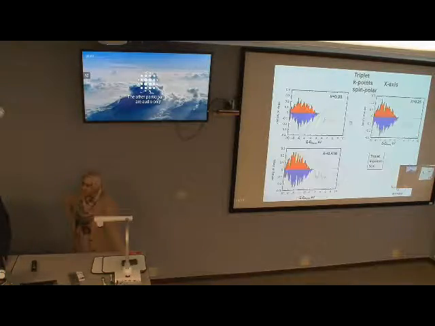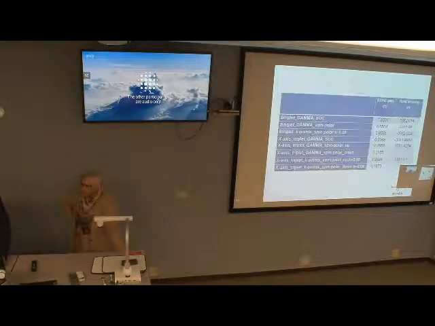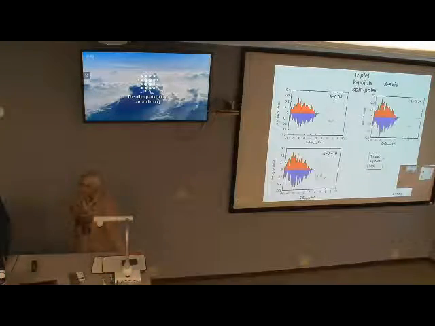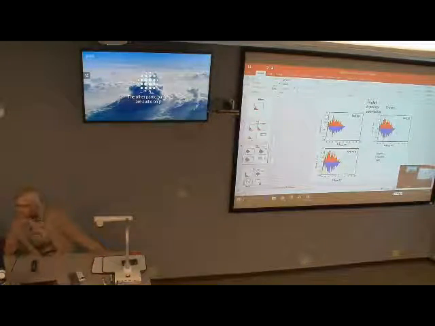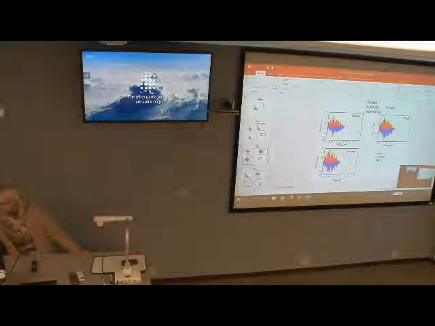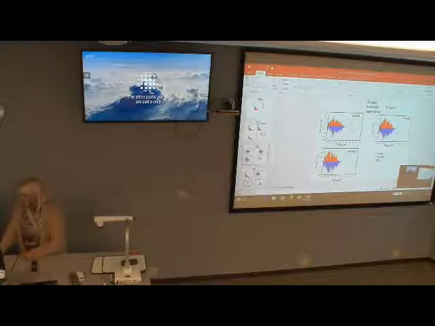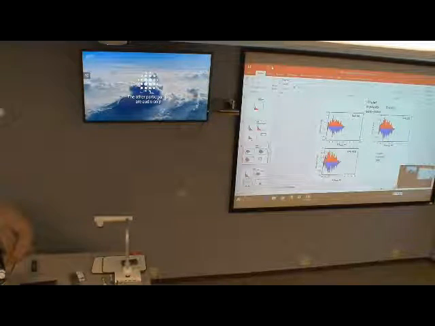Does anyone know how to increase it? I think you have to escape and then go back again. No, this axis. Now zoom in. Can you just show? Sure. Yeah, zoom in on the first one.